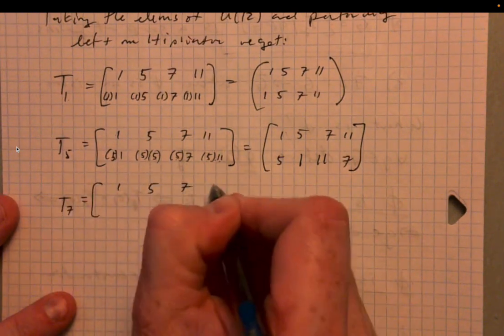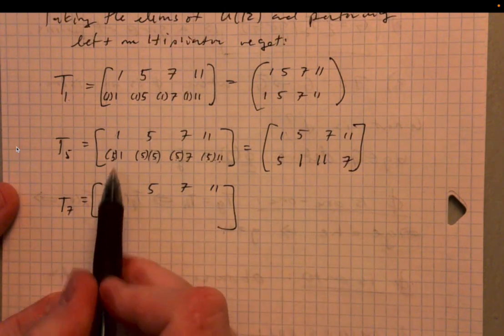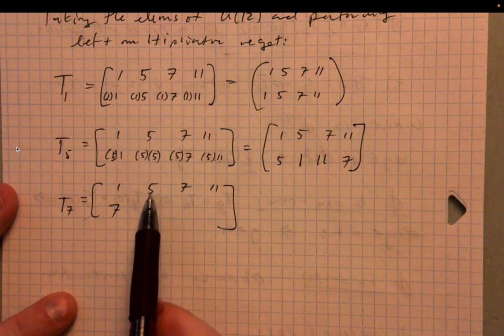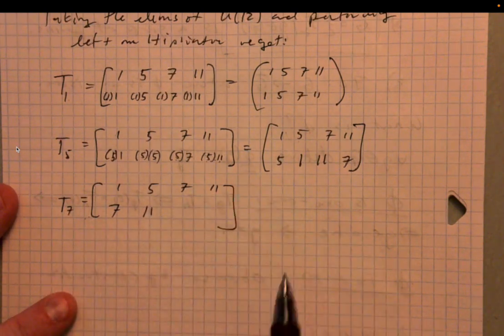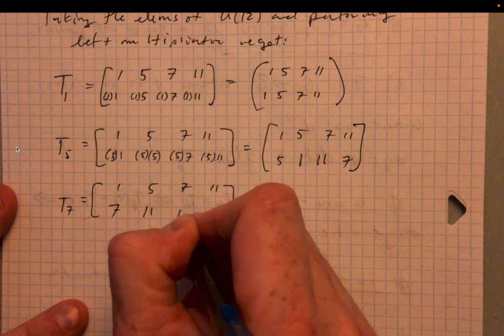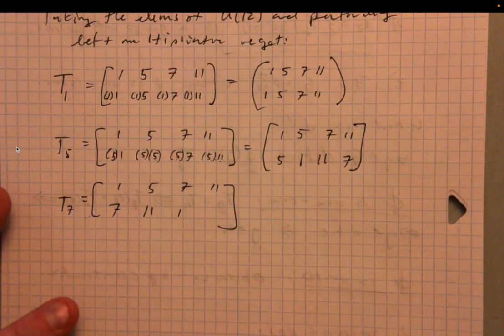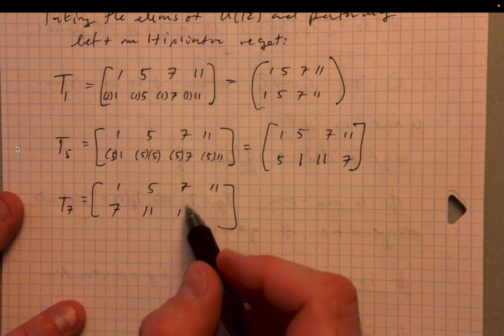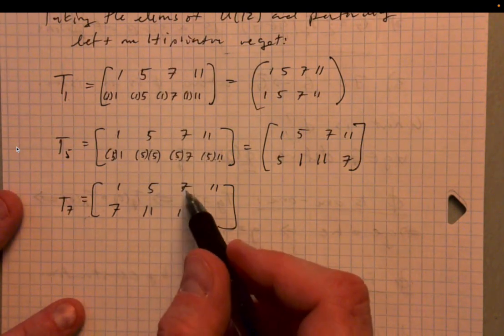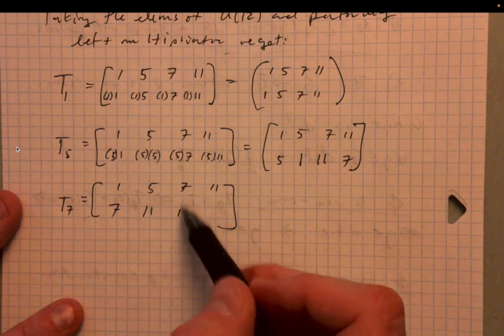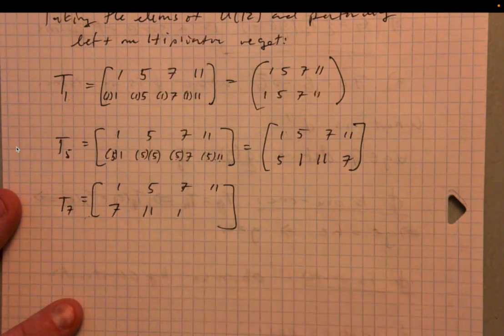1, 5, 7, 11. Right, so this would be 7 times 1 is 7. 7 times 5 is 35, which is 11 mod 12. 7 times 7 is 49, which would be 1 mod 12, right? 48 is divisible by 12, this is 49, so it's congruent to 1.